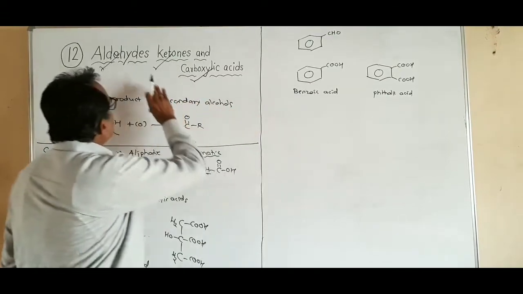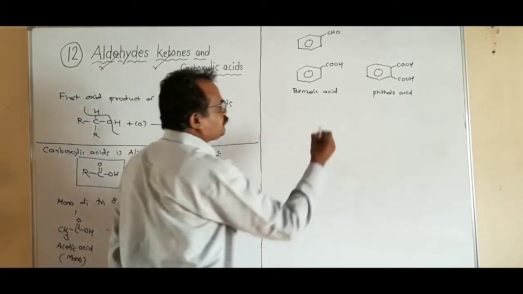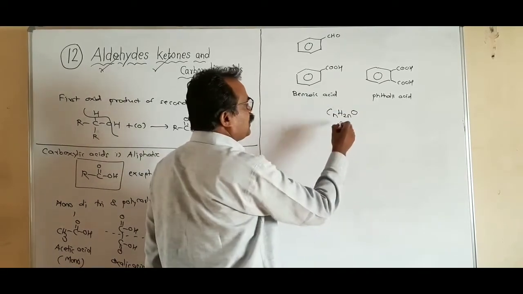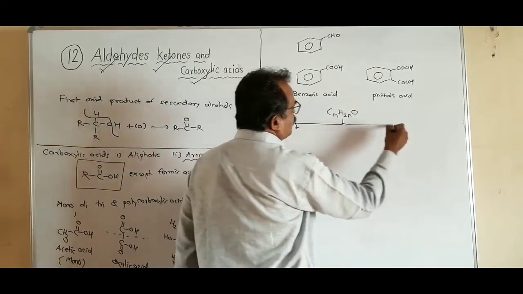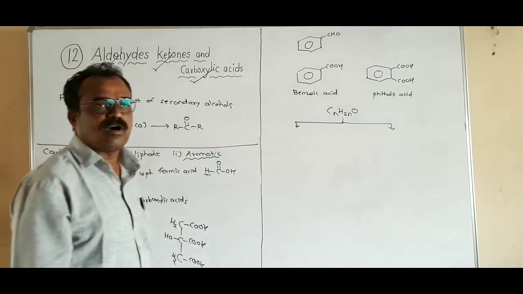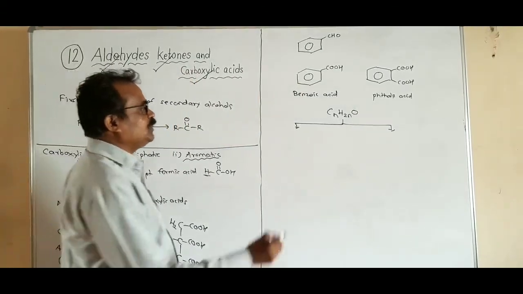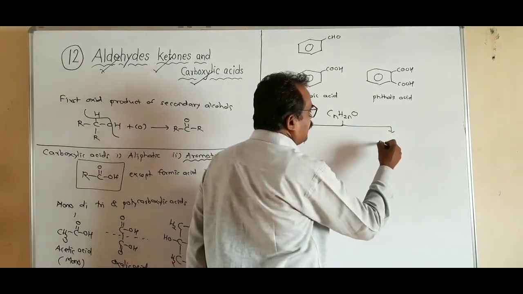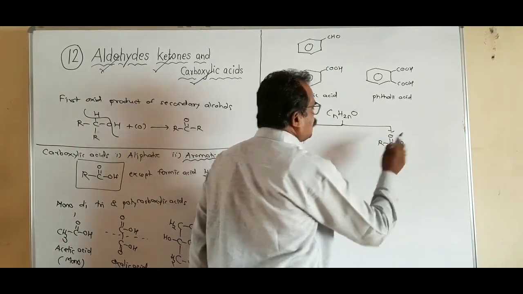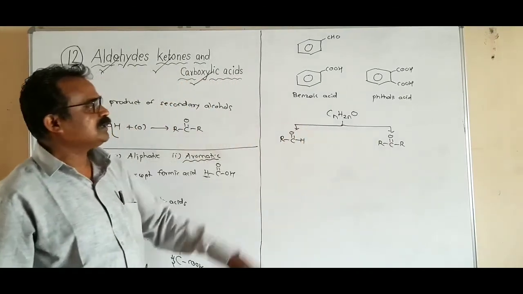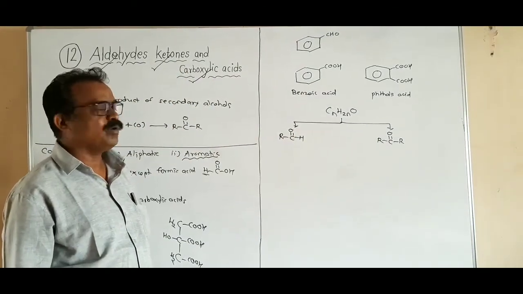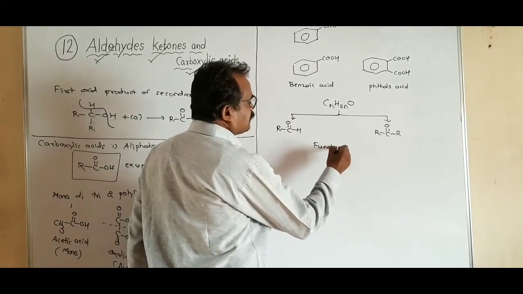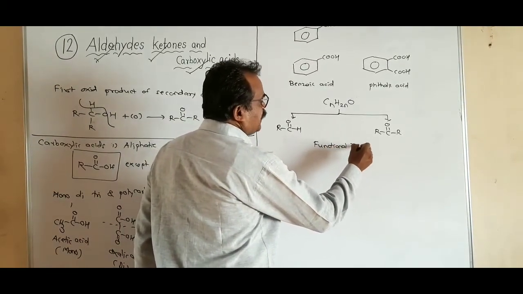So aldehydes and ketones are represented by the same general formula CnH2nO. Therefore they are called functional isomers of each other. They are represented by the same general formula CnH2nO, but they contain different functional groups. We call this functional isomerism.